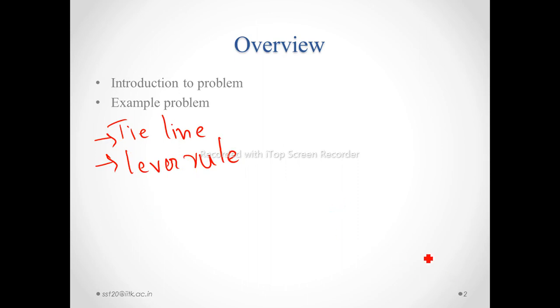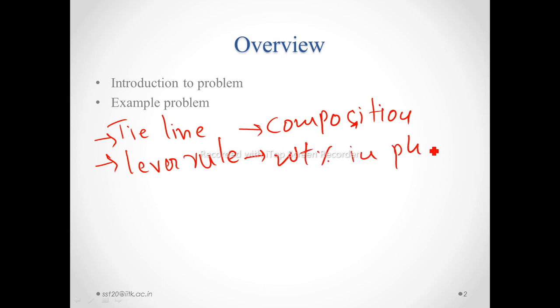These are the two main concepts that we will use to find the composition and the weight fraction of elements in a given phase. We will solve three to four problems in this video lecture.